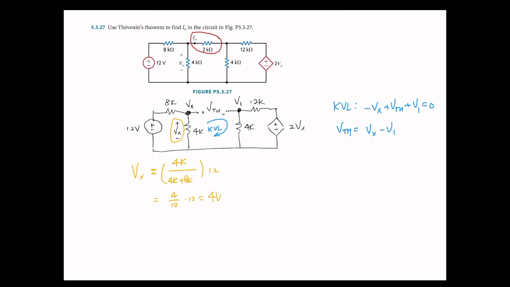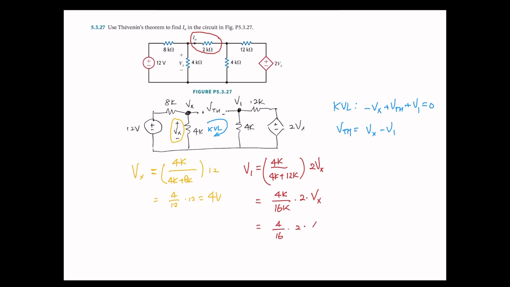For V1, same thing, we can use voltage division. V1 equals that one over that plus the other, times the total voltage Vx. So we have 4K over 16K times 2 times Vx, which is 4 over 16 times 2 times Vx.